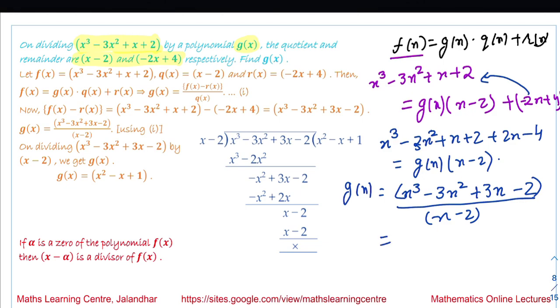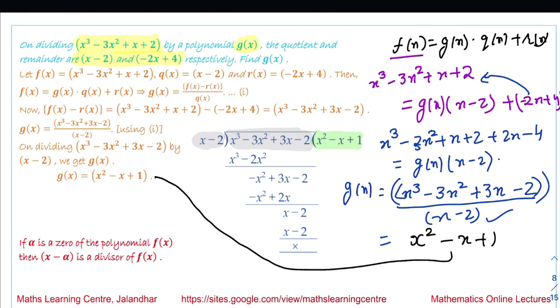So this thing means we have to divide this value with x minus 2, and this division is shown over here, that x cube minus 3x square plus 3x minus 2, and we are dividing it with x minus 2, and the quotient that we will obtain from this, it is x square minus x plus 1. So this is the required polynomial gx.